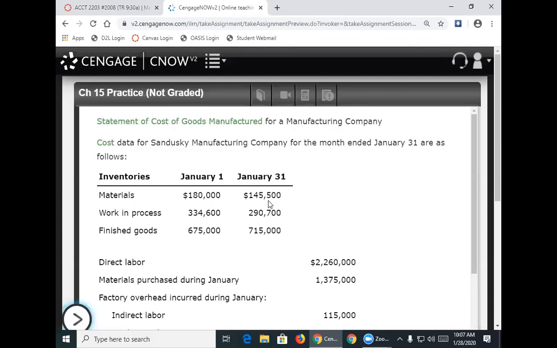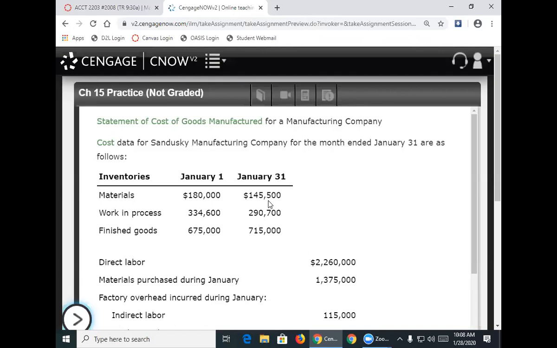Then for work in process, I have a beginning balance of $334,600 and an ending balance of $290,700.